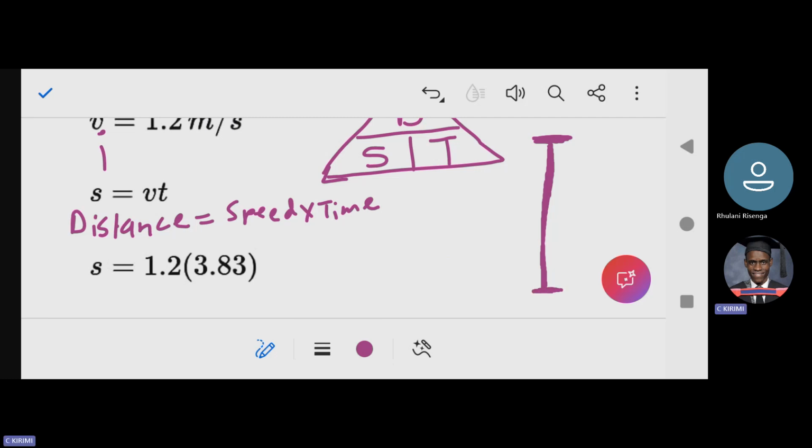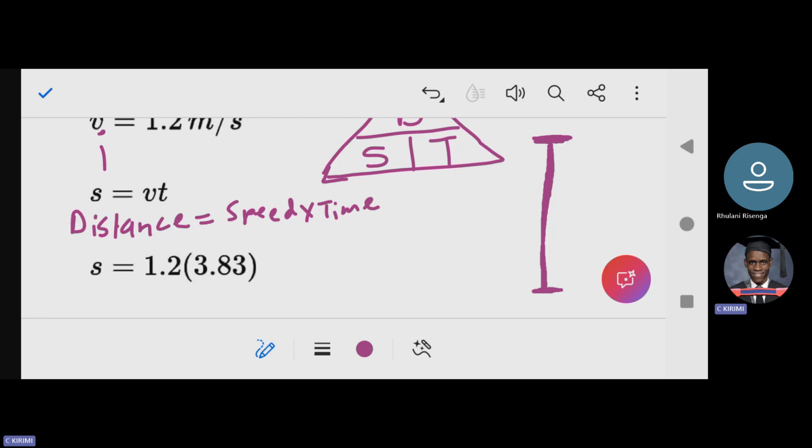So we want to know the distance it traveled while the ball was dropped. It was dropped and then it had contact with the ground. Then from the ground, it reached the maximum height. And from that point, the balloon was in motion for 3,83 seconds.